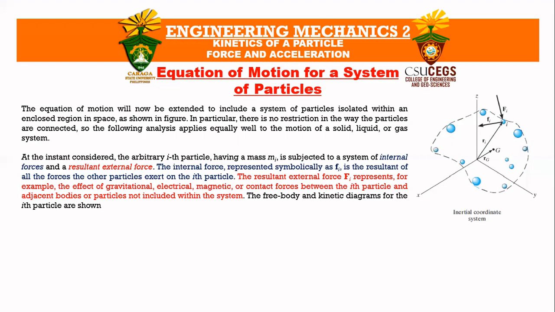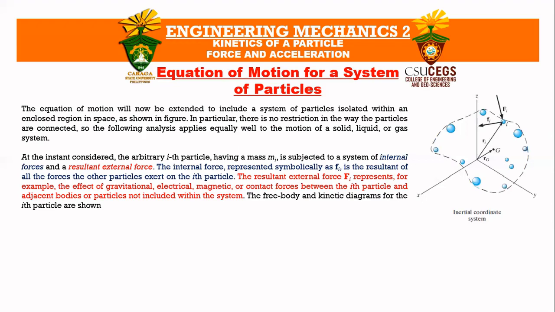And the resultant external force, capital Fi, represents, for example, the effect of gravitational, electrical, magnetic, or contact forces between the ith particle and adjacent bodies or particles not included within the system.